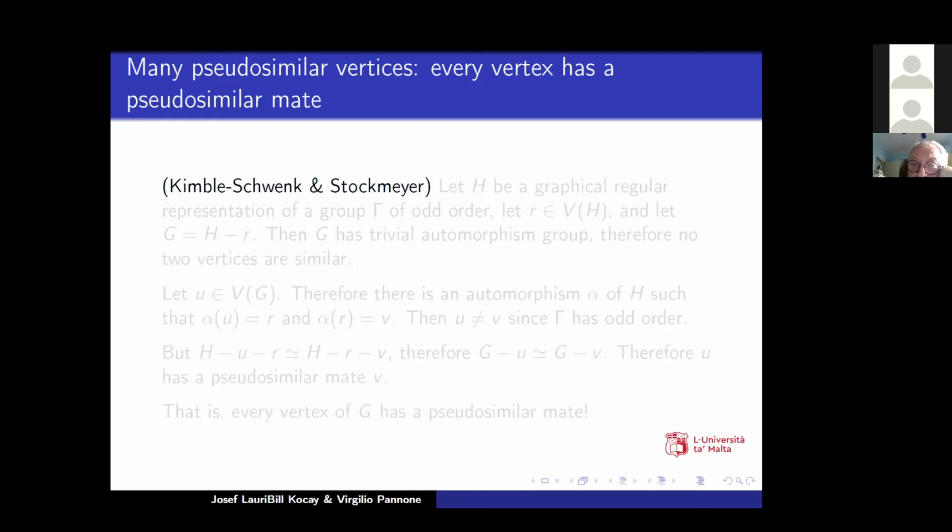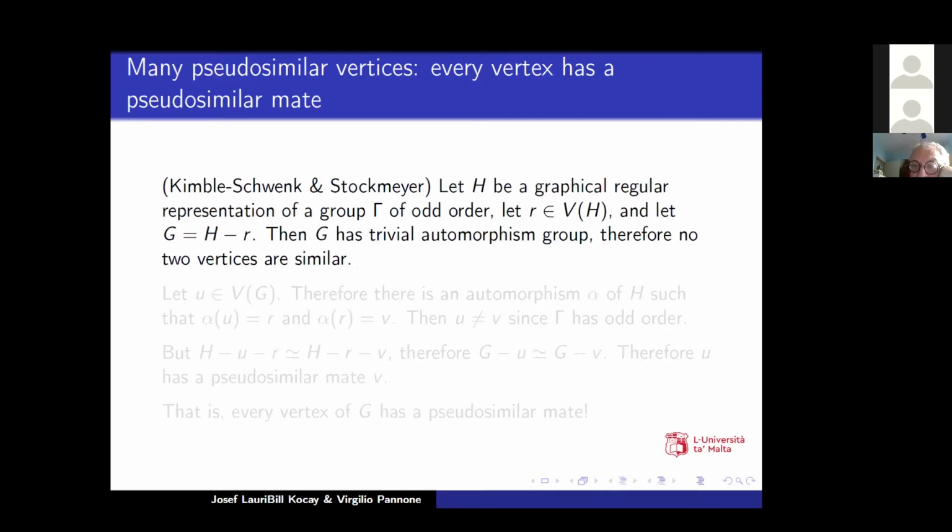And the construction by Kimball, Schwenk, and Stockmeyer is simply this. Let H be a graphical regular representation of a group of odd order, and let R be a vertex of H, and consider G to be H minus R. Then G has trivial automorphism group, because the automorphism group of H is regular. Therefore, no two vertices in G are similar.